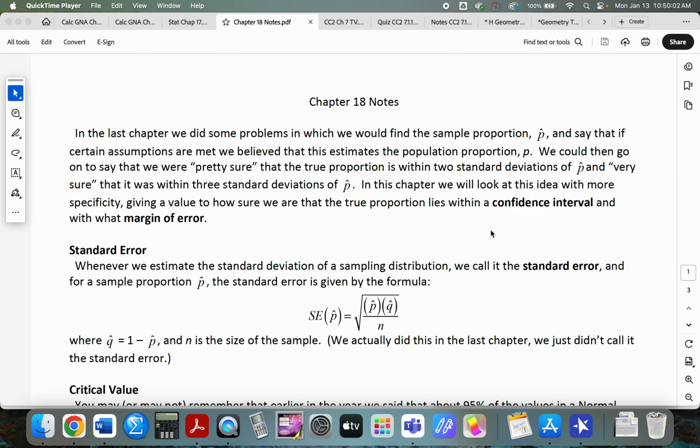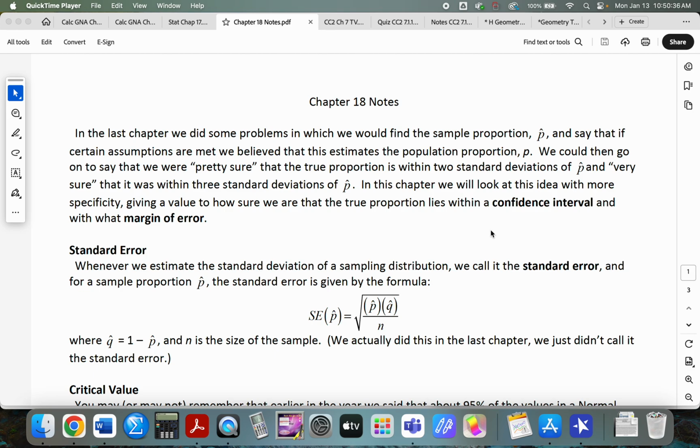So whenever we estimate the standard deviation of a sampling distribution, we call it the standard error. If you look on the back, that first table, all the way over to the right, notice it says standard error of the sample statistic.